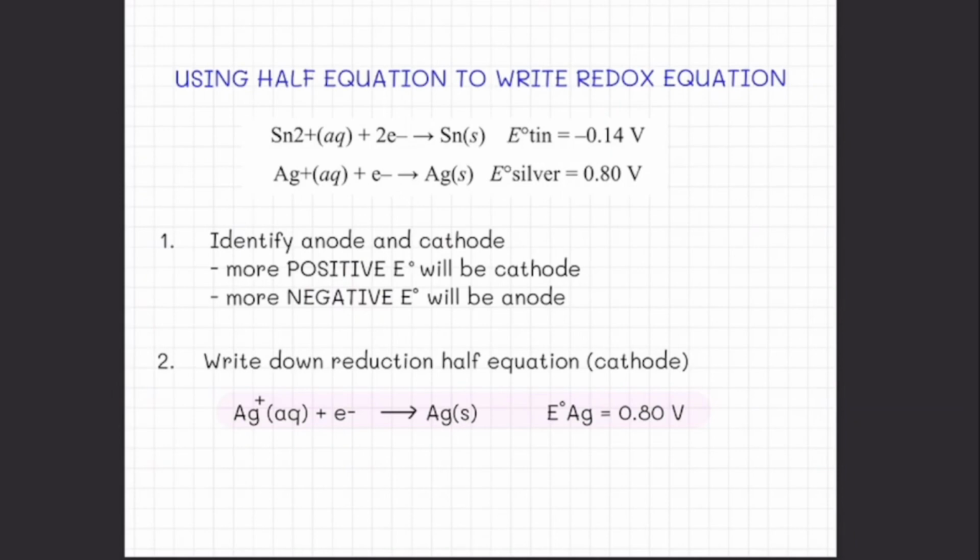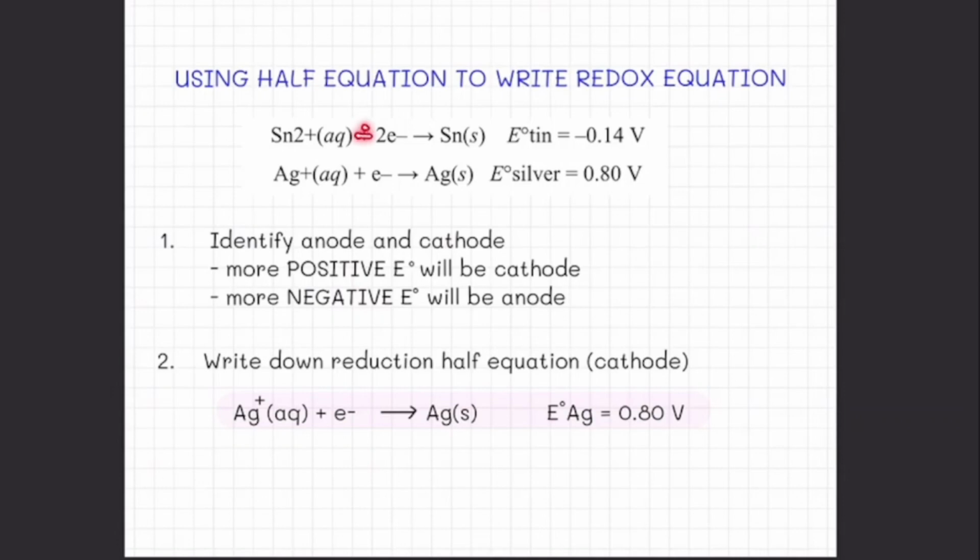So now we're going to learn how to write a redox equation by using two half equations. If you look here, tin ion plus 2 electron producing tin solid, and silver ion plus electron producing silver solid. These are both reduction equations. How do I know that?